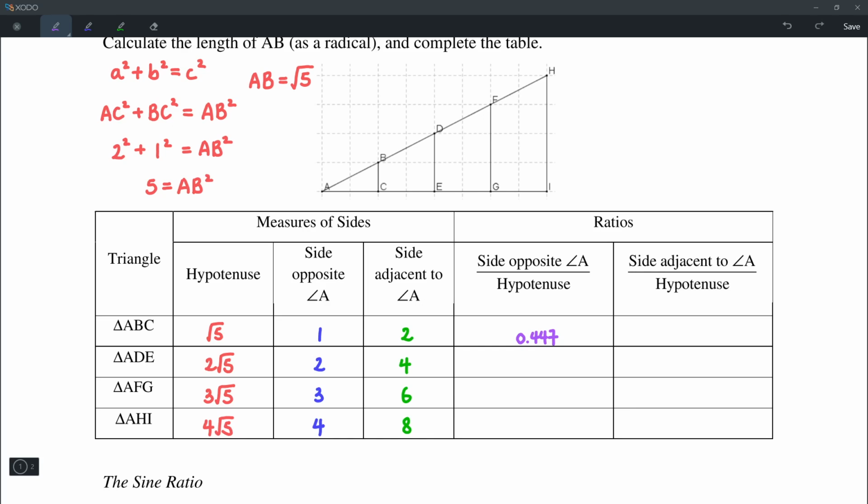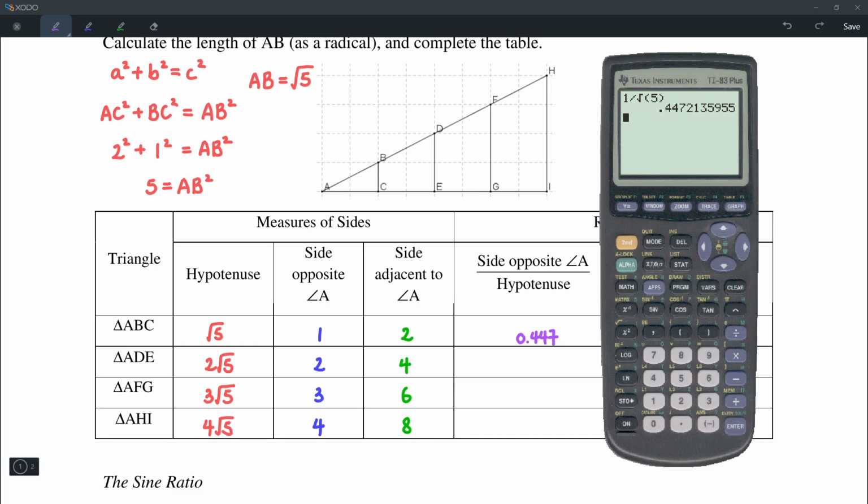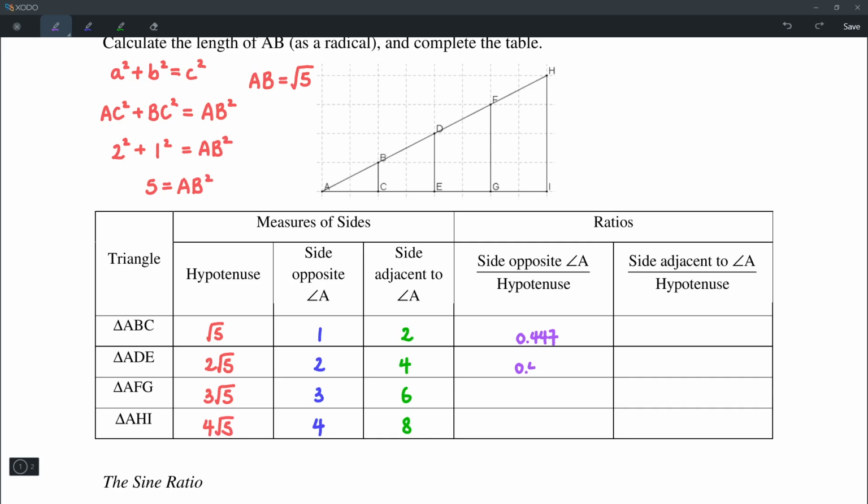Followed by 2 divided by 2 times the square root of 5, which of course will give us the same value of 0.447. In fact, since the angle A stays the same and all the triangles are similar, the side opposite angle A divided by hypotenuse will remain the same for all 4 of these nested triangles.